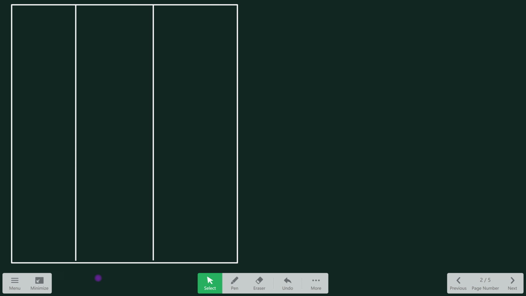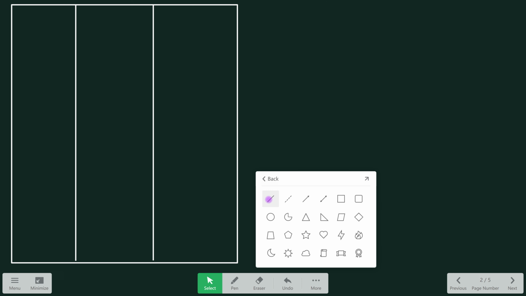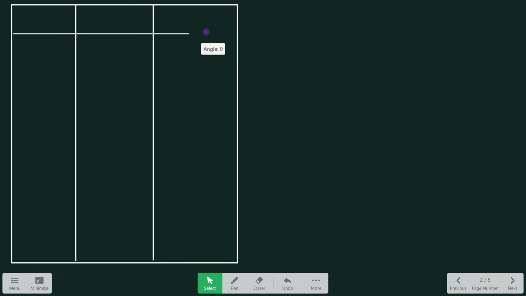So now we are making rows. This is the first row.